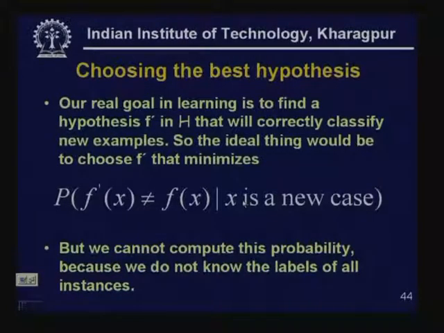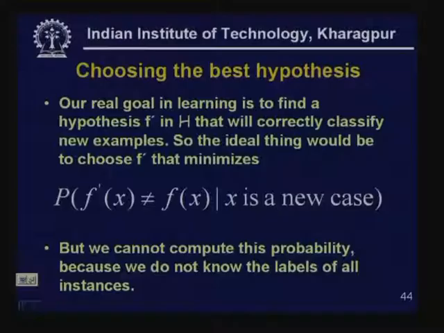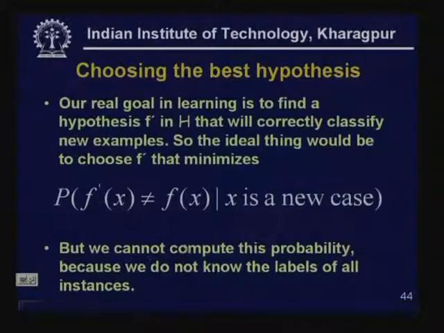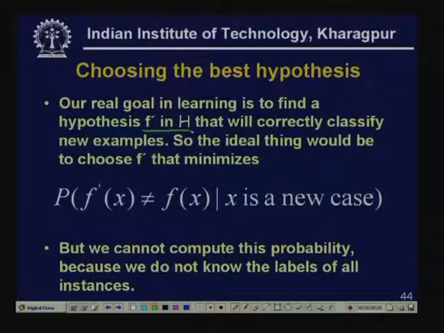Now, how do you choose the best hypothesis? One way is this: among 2 hypotheses which are equally consistent on the training examples, you should choose a hypothesis that is likely to agree with new examples. So, our real goal in machine learning is to find a hypothesis f dash in H such that it will correctly classify new examples.